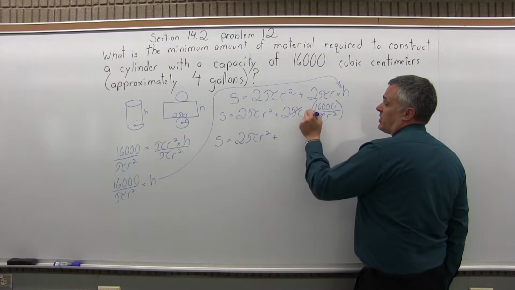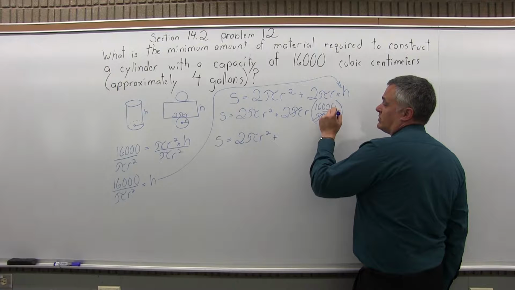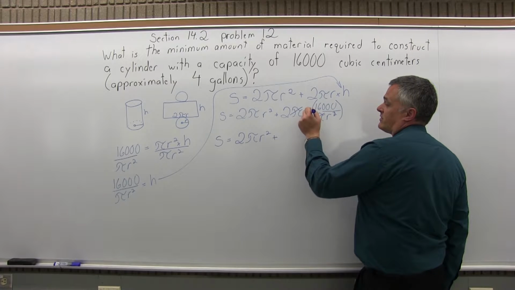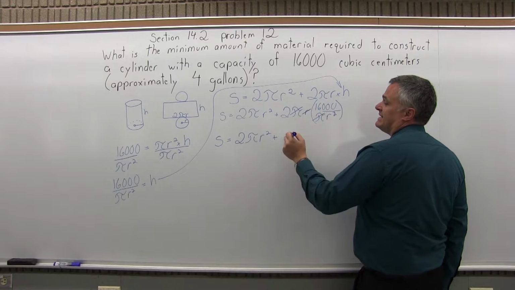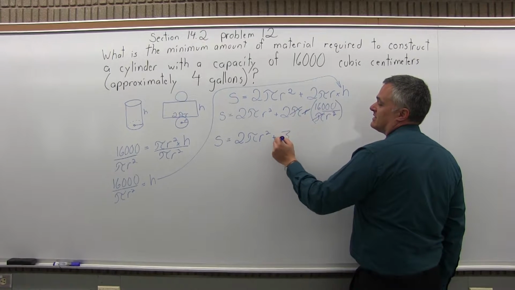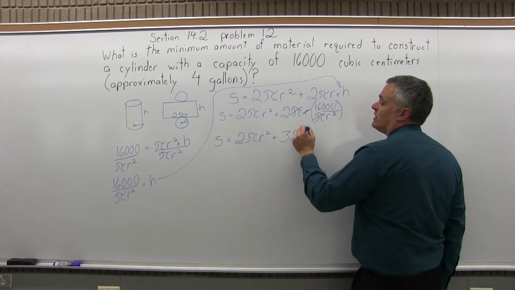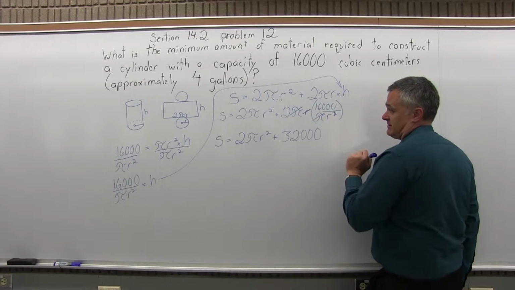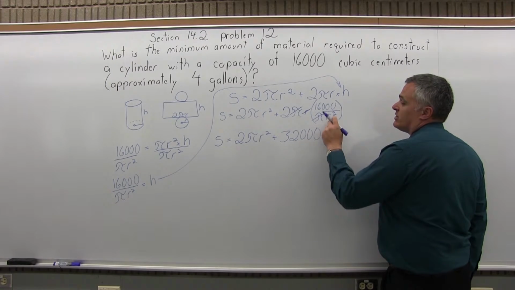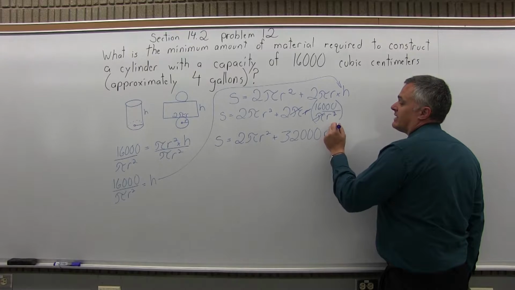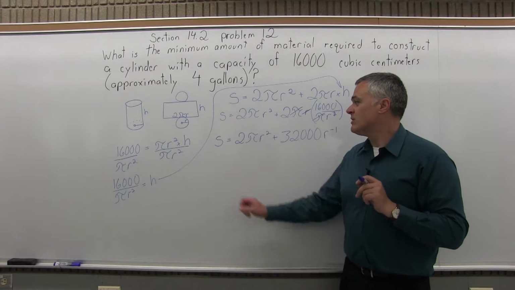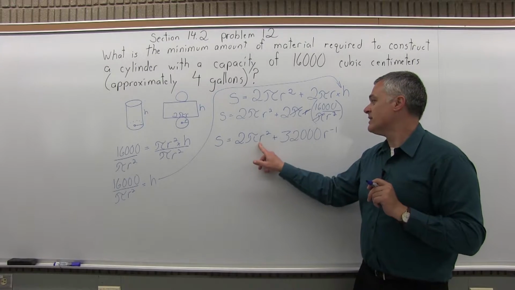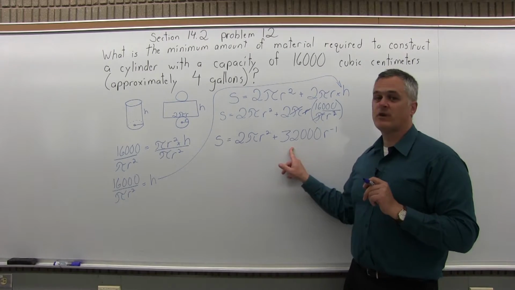R squared in the bottom, r in the top, I can reduce the r in the bottom to an r to the first power, cancel the one in the top. So I have 2 times 16,000, that's going to be 32,000. And that r in the denominator, let me write that in the numerator as an r to the negative 1 power. So now I have a function for surface area in terms of only one variable r.